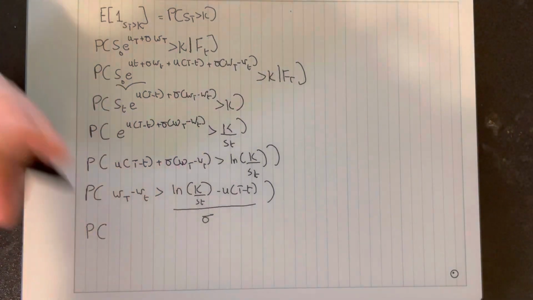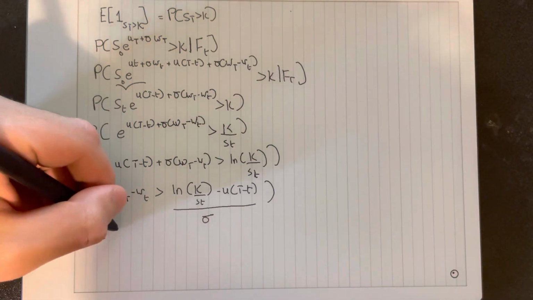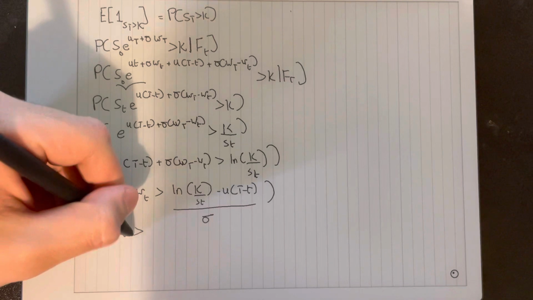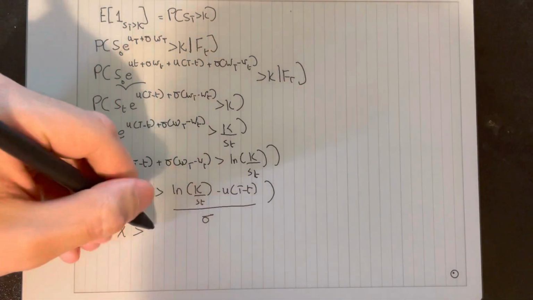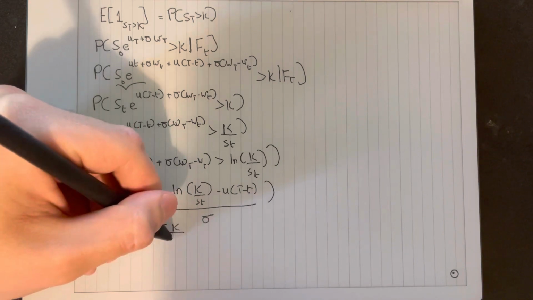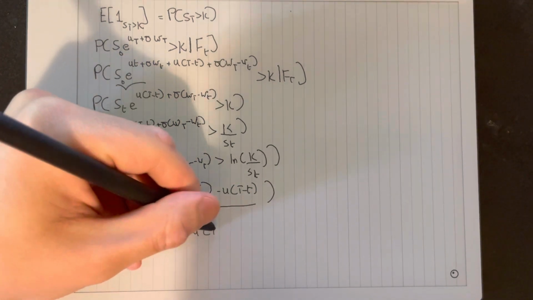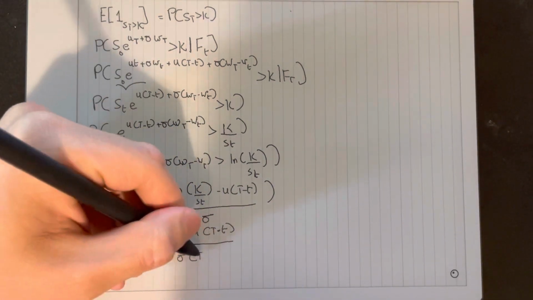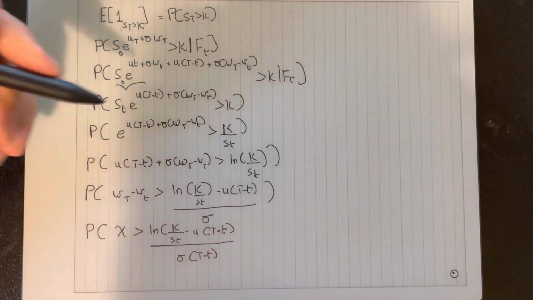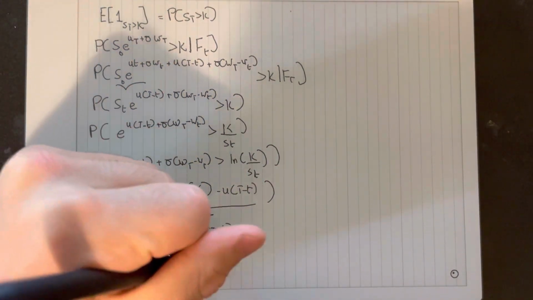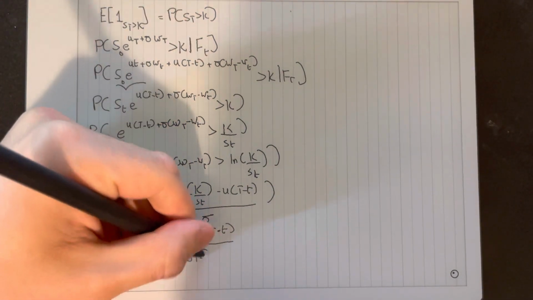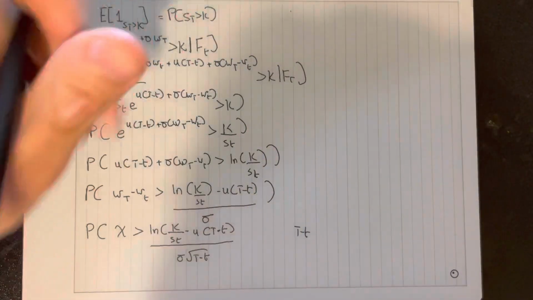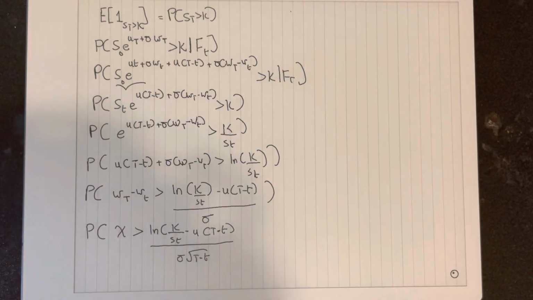We'll call the new distribution x, and if we divide on this side, we also have to divide on that side, and therefore what we have is log of k over S_t minus μ(T minus little t), all of which is over σ times the square root of T minus little t. It's the square root of T minus t because the variance is T minus t, and therefore the standard deviation is the square root of T minus little t.